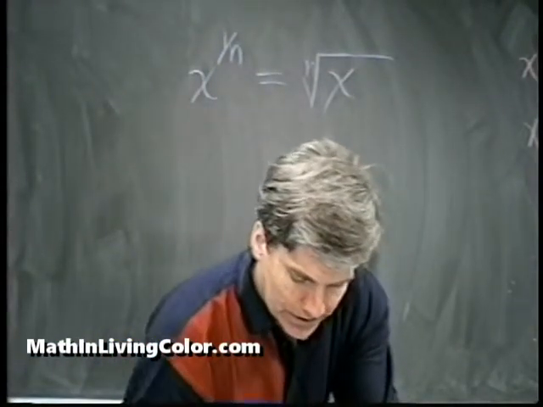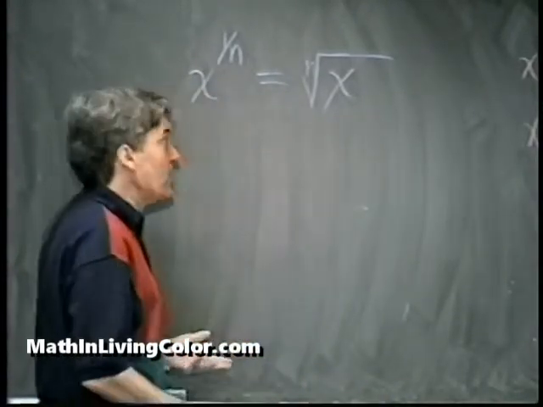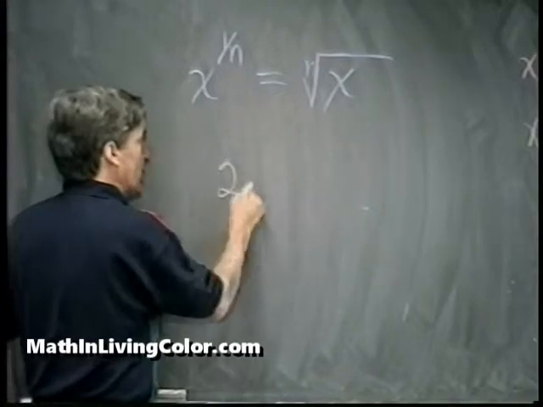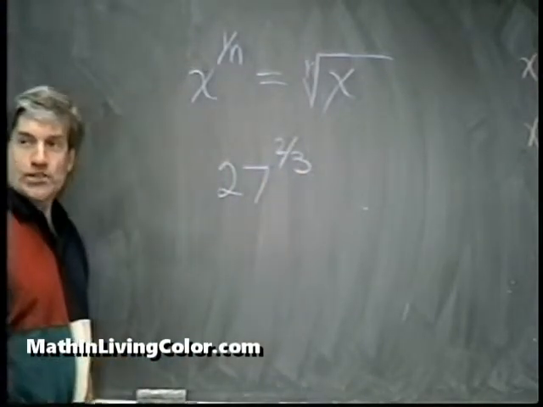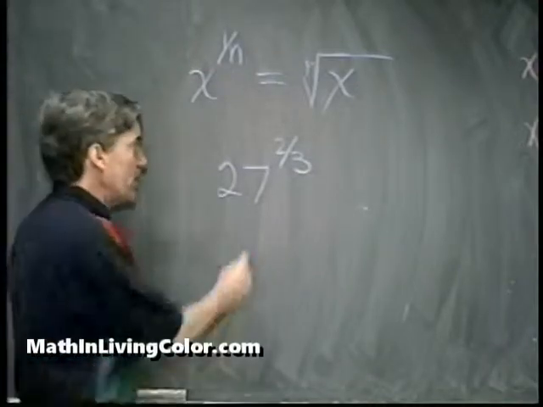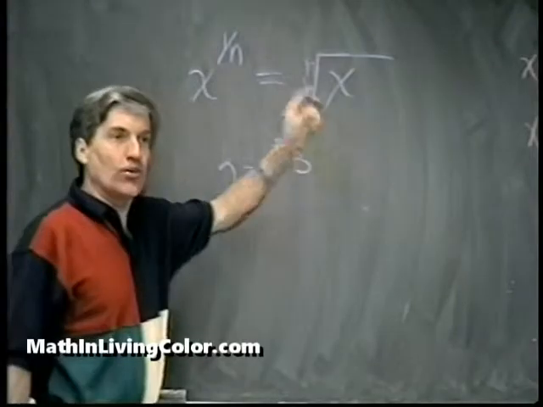Okay? Now, as a second thought, what would it mean if I had something like 27 to the 2/3 power? 27 to the 2/3 power instead of the 1/3 power. Now you see, we understand what 1/2, 1/3, 1/4 mean.